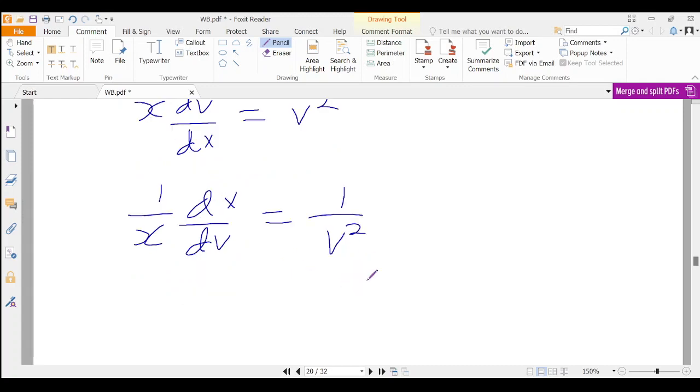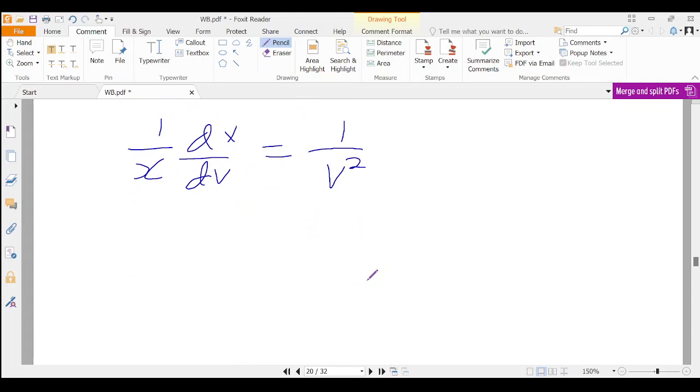And then multiply both sides by dv, and the equation becomes 1 over x dx is equal to 1 over v squared dv. And you can see now the left-hand side is a function of x only. The right-hand side is a function of v only. So the differential equation has been reduced to a variable separable type, and we have separated the variables.